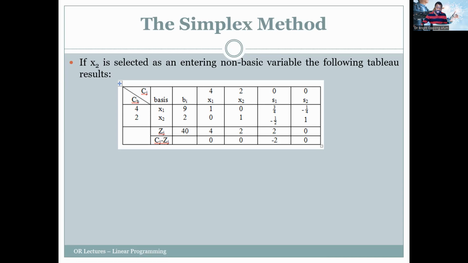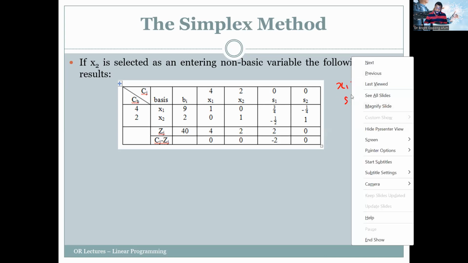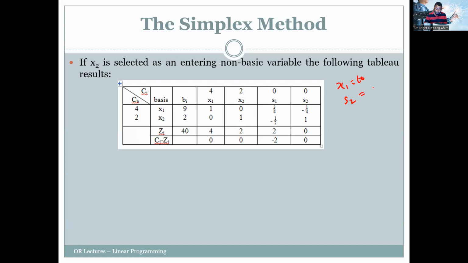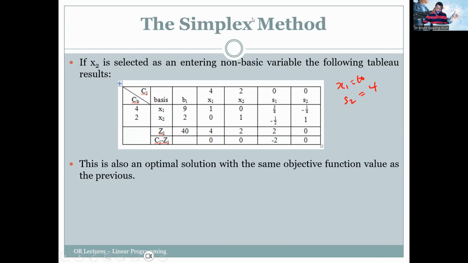The previous one had x1 equal to 10 and s2 equal to 4. Now if x2 is forced to replace s2 in the solution basis, it will change the solution mix, where x1 now attains a value of 9 and x2 attains a value of 2, but the z function is still 40.